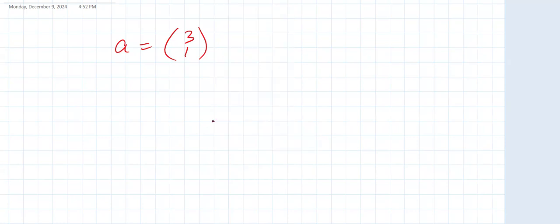If this is the starting point of the vector, it tells you that you move 3 units to the right, like 1, 2, 3, and 1 unit up. So this one will be your vector, and you can put the direction of the vector on it using an arrow. So this is how we draw the vector.